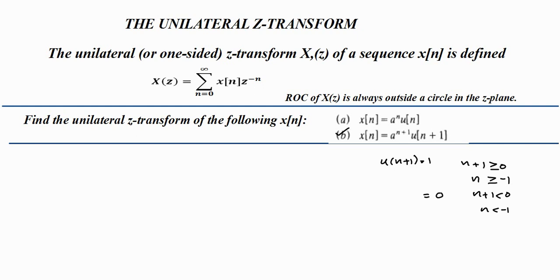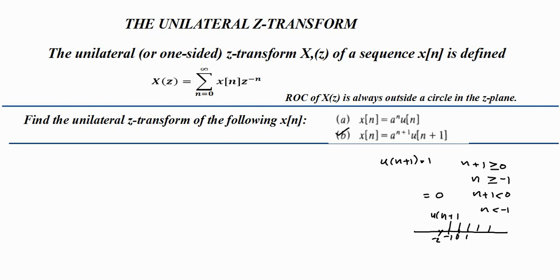So we know that the signal exists from minus 1 onwards. From minus 1 onwards the signal value becomes 1, and from minus 2 onwards it's 0. That is u of n plus 1.